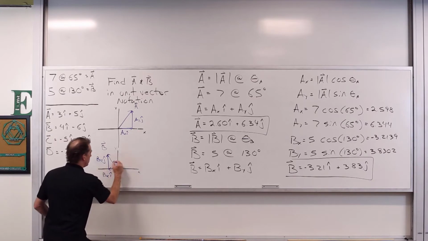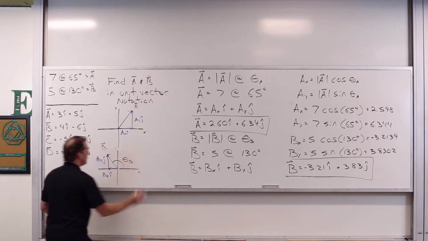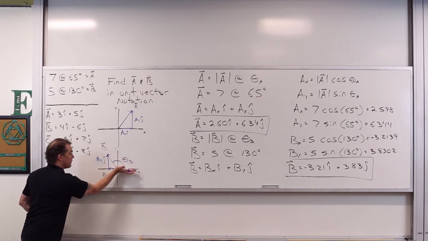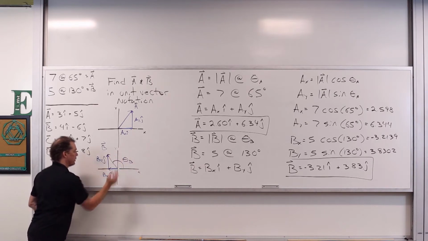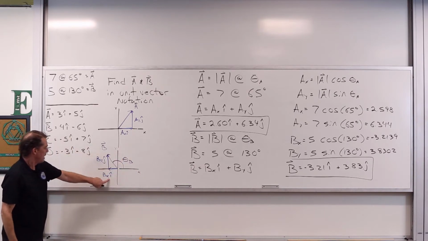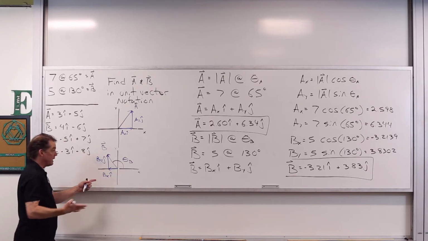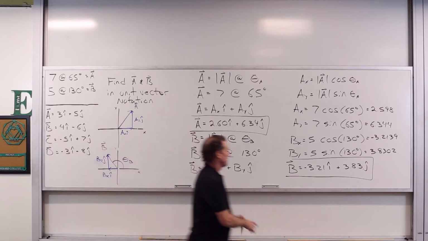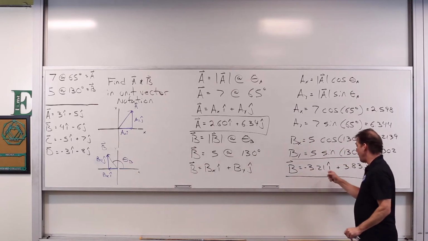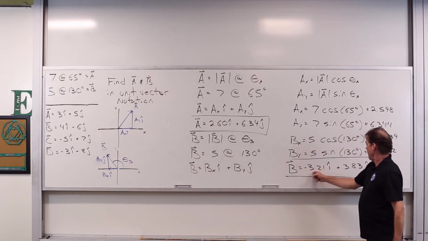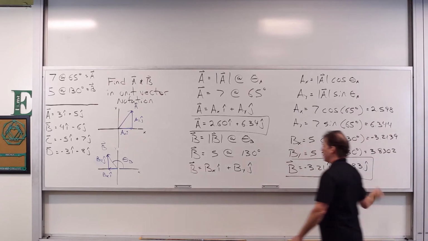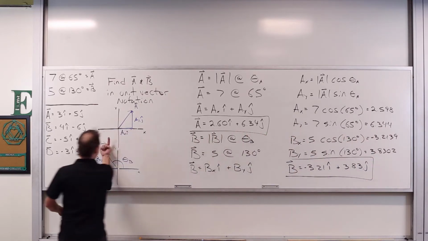Here is our angle, theta sub b, 130 degrees relative to the positive x direction. And then the x component is in the negative x direction, which is negative i hat. Again, i hat says x direction, negative i hat says negative x direction. So 3.21 in the negative i hat direction, and 3.83 in the positive j hat direction.